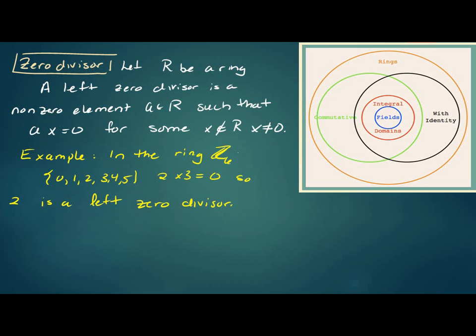So 2 is what we call a left zero divisor, because there are two things that were not 0, and when I multiplied them, they became 0. This is a critical property that you don't want in a ring if you want to solve equations. Similarly, 3 would be what we call a right zero divisor.